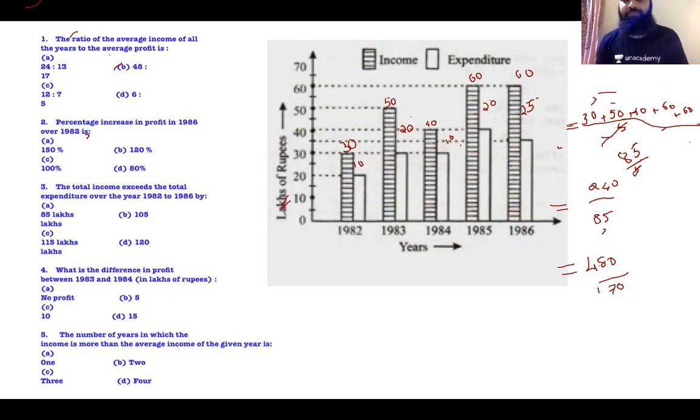Next. Read the second one and then we will analyze.